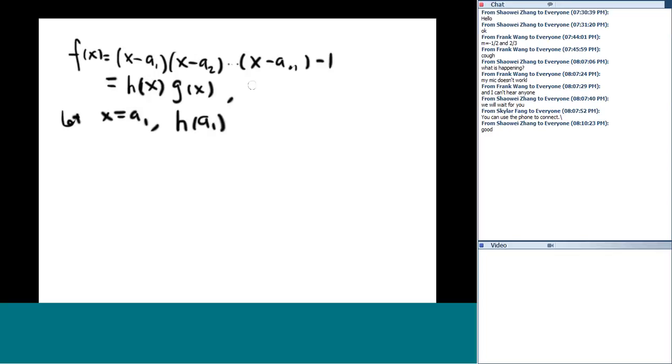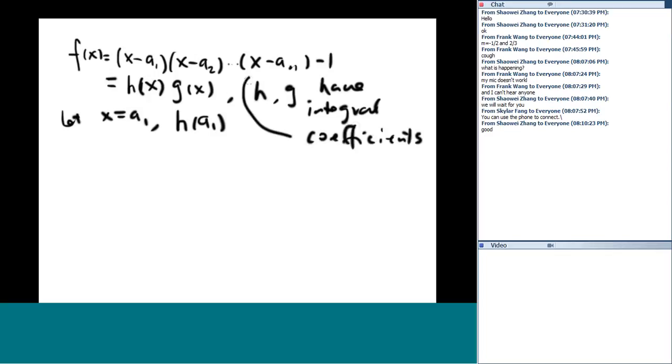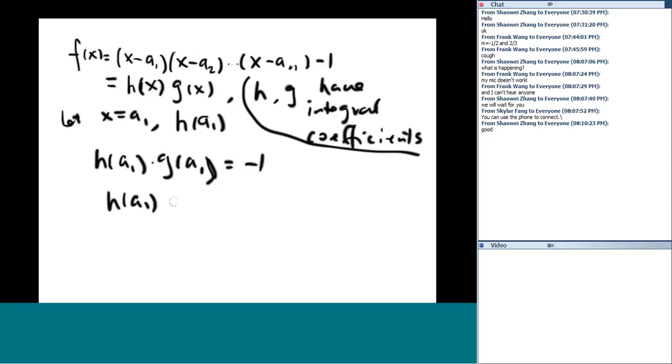We all assume they have integer coefficients. That's the assumption. So h(a1) times g(a1) is going to be -1, right? So h(a1) is going to be negative g(a1), right?